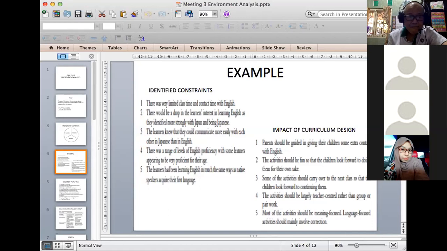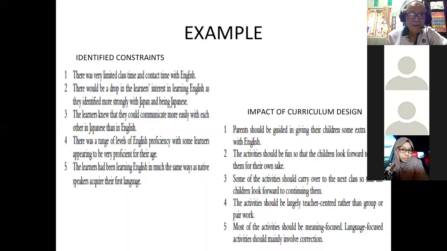When you have a constraint on the learners, for example, there would be a drop in the learners' interest in learning English as they identified more strongly with their language one, their mother tongue.